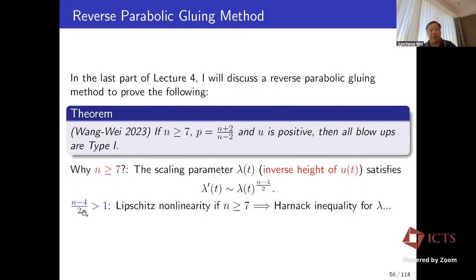So if n is greater than 7, this number will be greater than 1. This means you have a Lipschitz nonlinearity, and so we have a Hölder inequality. Now, if n equals 5 or 6, it is still L2, but then we don't have the Hölder inequality. Then we have a global equation.